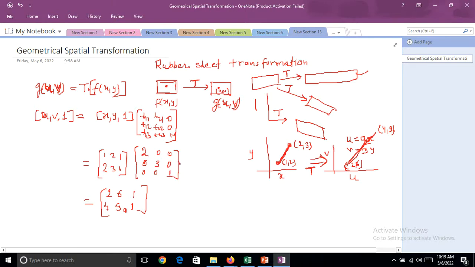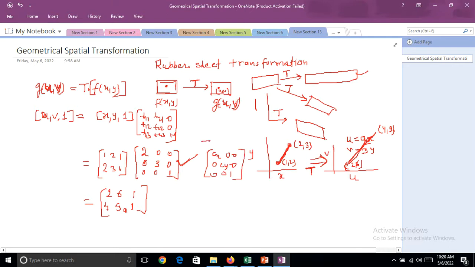So this matrix is our scaling operator. In a scaling operator, the generic values look like this: cx 0 0, 0 cy 0, 0 0 1, multiplying some constant cx in the x coordinate and some value cy in the y coordinate.